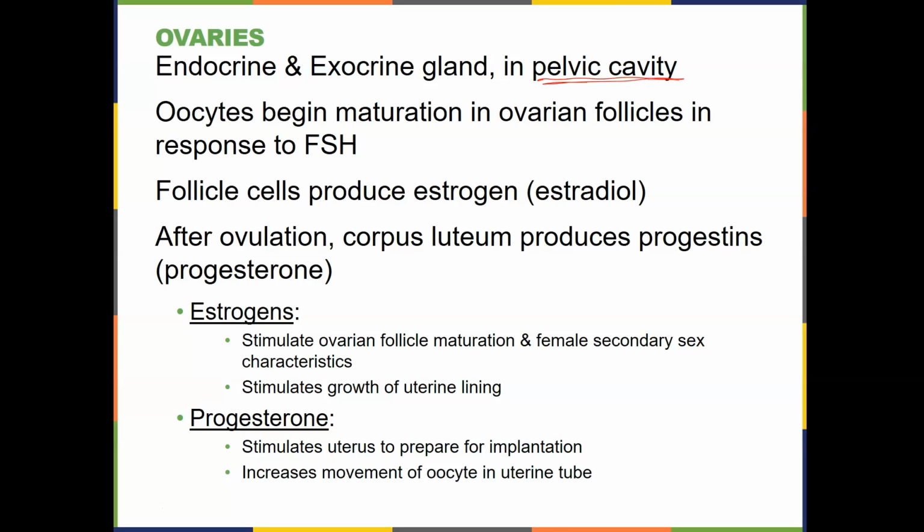Oocytes begin to mature inside of ovarian follicles, which look like little brown pools again with liquid inside of them, in response to follicle stimulating hormone that's produced in the hypothalamus, right? And so the follicle cells produce estrogen, which is also called, and actually it's more appropriately called, estradiol. The follicle cells, these little cells on the outside, make estradiol.